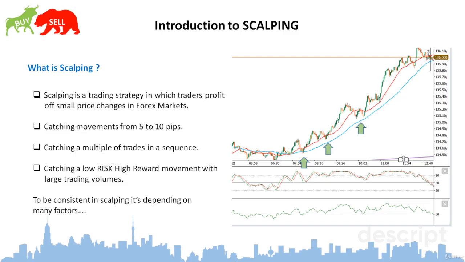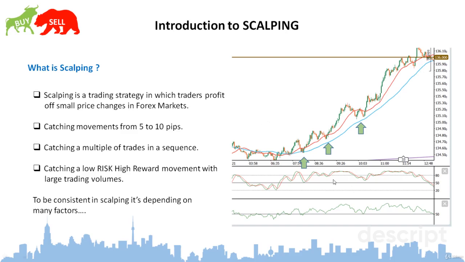So many traders are asking what scalping is. Scalping is a trading strategy in which traders profit from small price changes in the Forex market. Generally, scalpers focus on short-term trades.